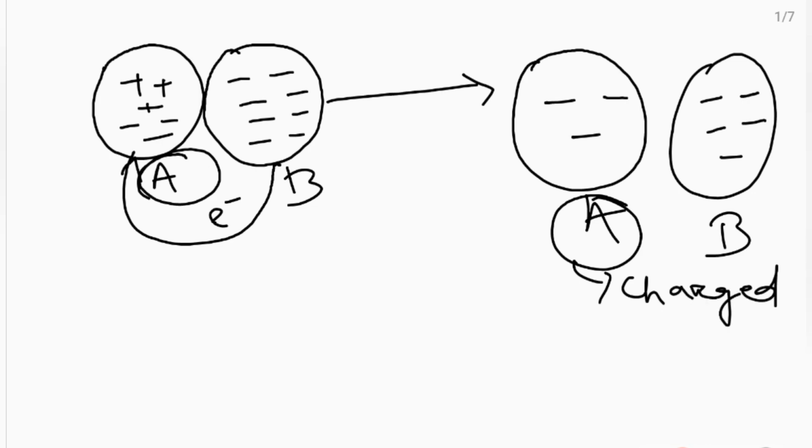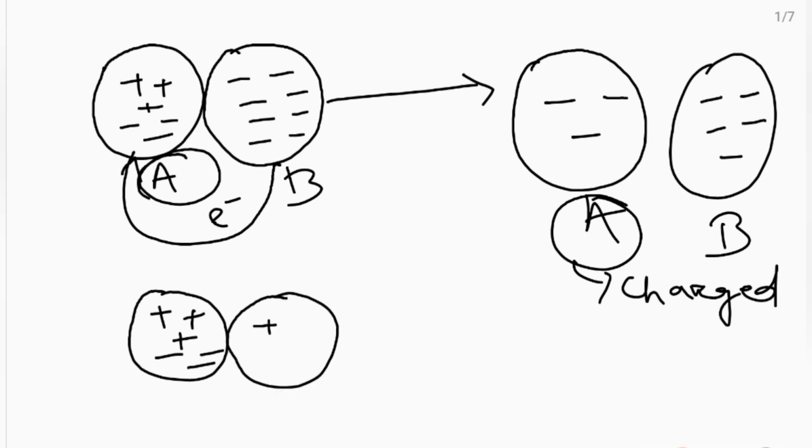Similarly, when we take a neutral body, so this is my neutral body, in contact with a positively charged body, so this is my positively charged body, then electrons transfer from the neutral body to the positively charged body.